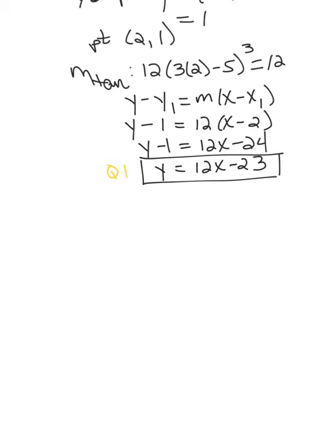Question 2 says, find where the tangent is horizontal. Remember that a line that is horizontal will have a slope of 0.